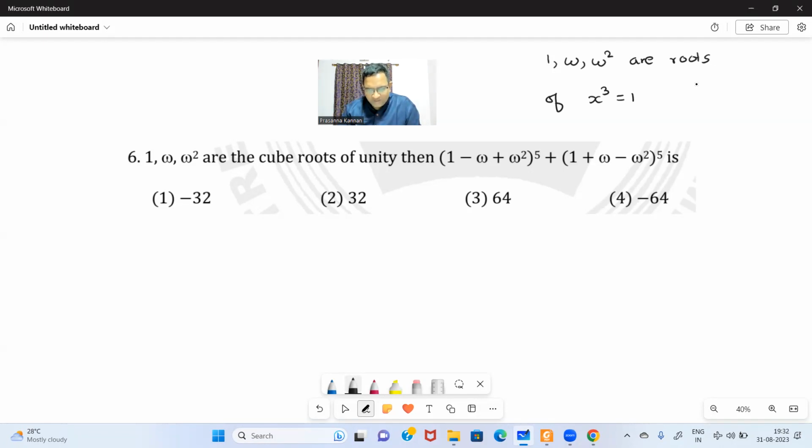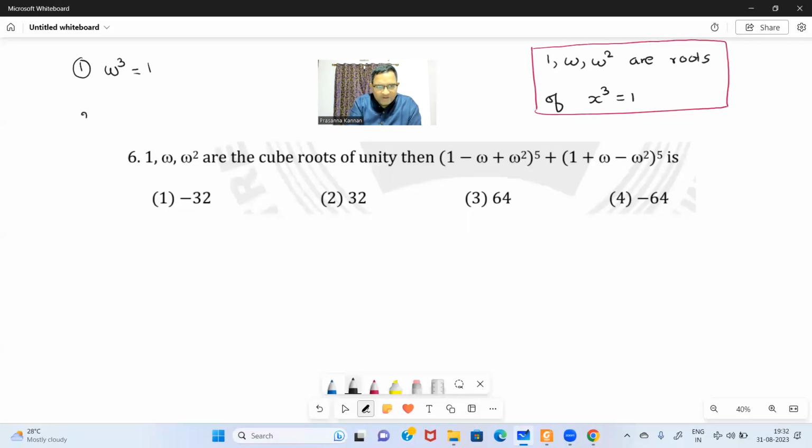We had learned two properties. Omega cube equals 1 is one of the properties. And the second property is 1 plus omega plus omega square is equal to 0.